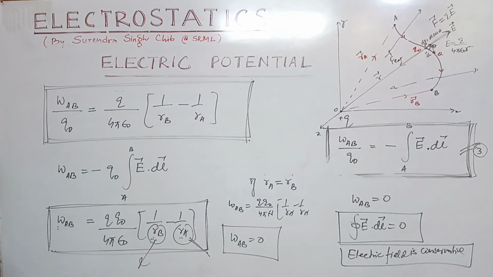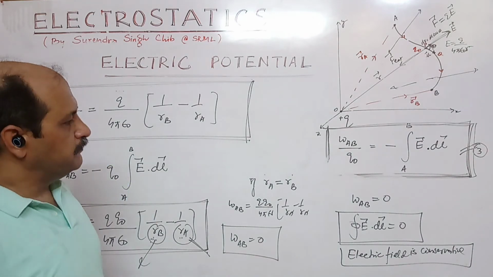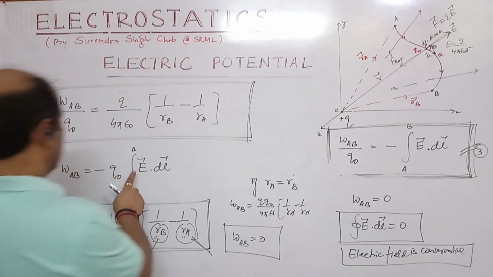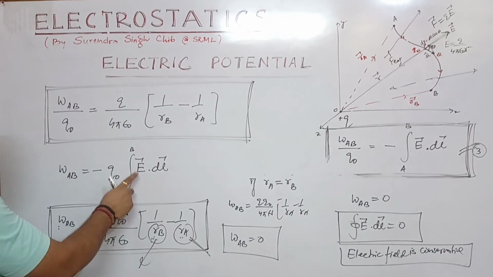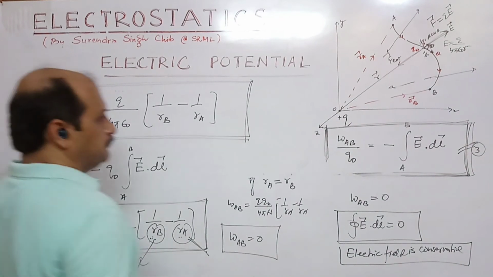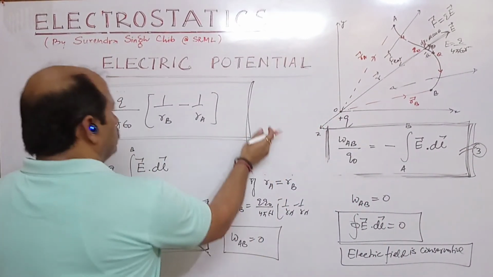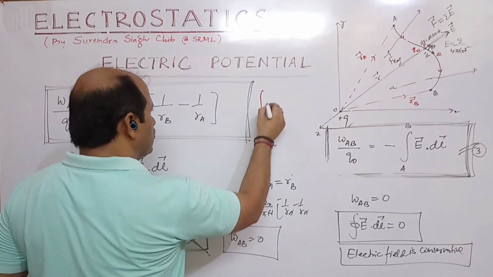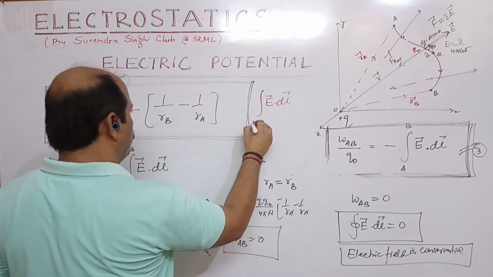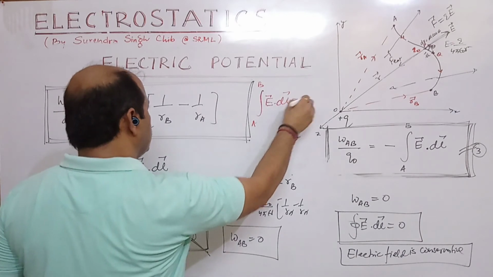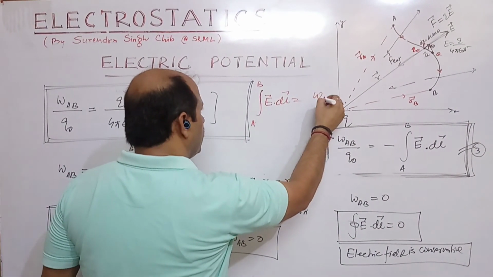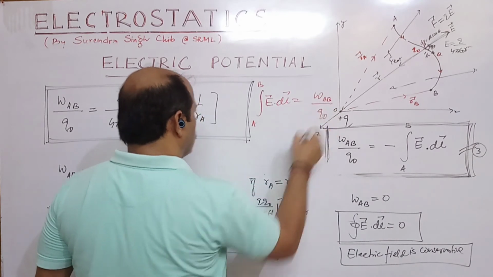So we have done 3 topics today. First, the line integral of electric field. What is the line integral of electric field? If I want to write, I am writing here. Line integral of electric field from say point A to point B is equal to work done from A to B upon Q naught.